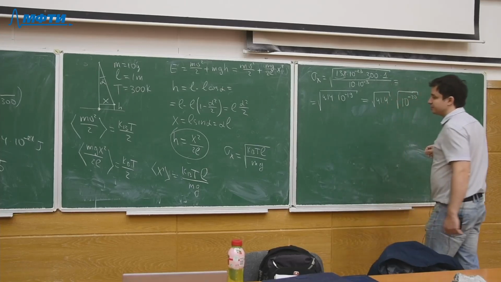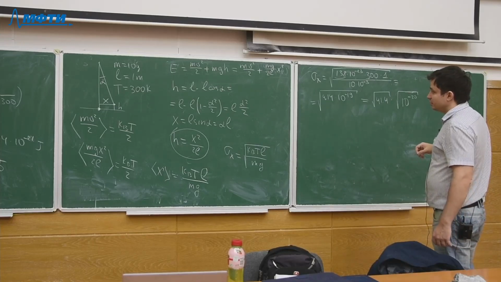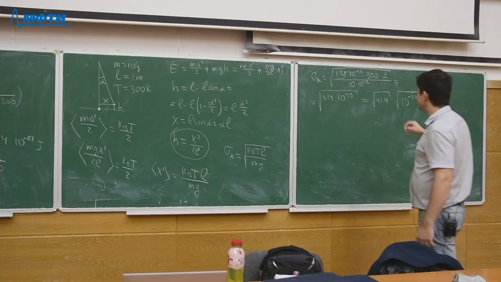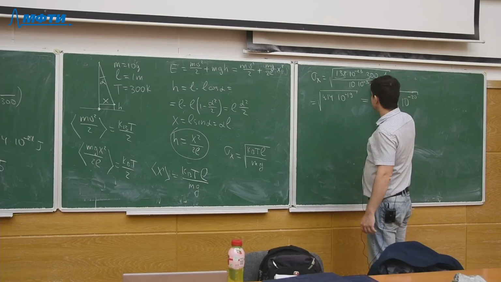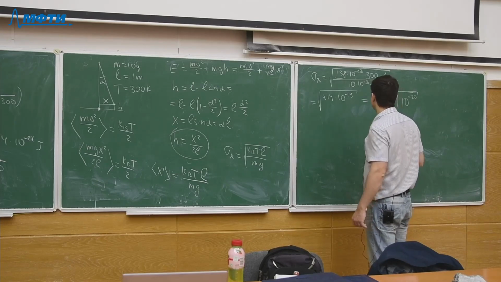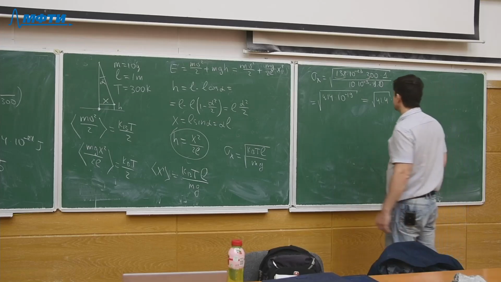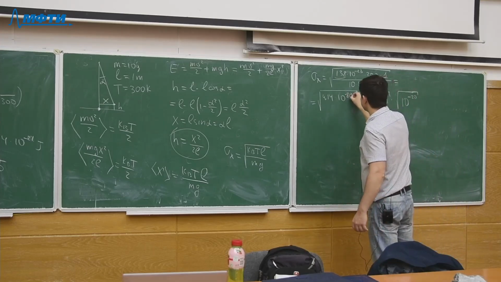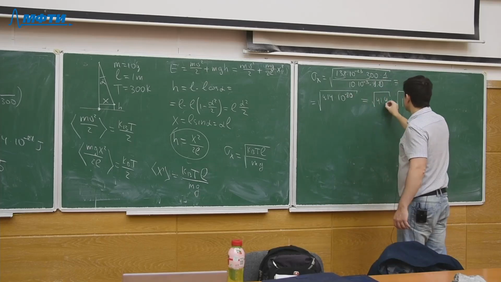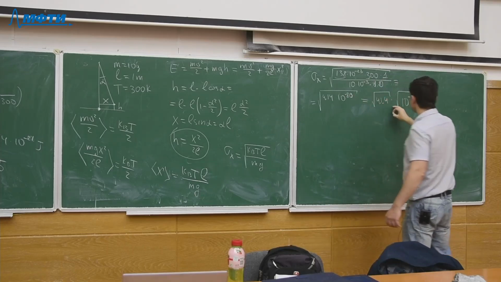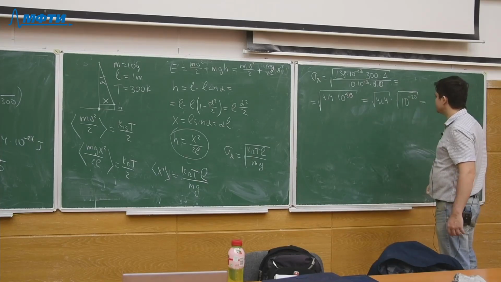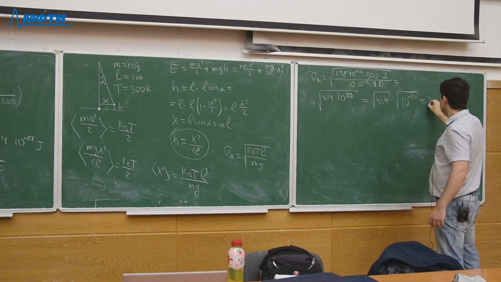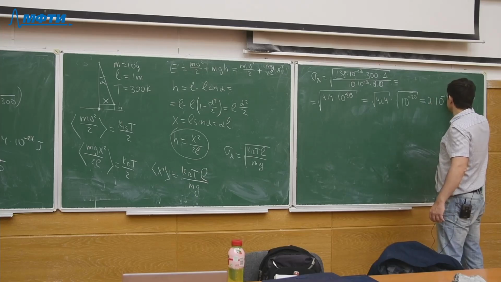Oh yeah, I have forgotten g, and g in this denominator would be 9.8, which is approximately 10 meters per second squared. So this is actually 10 to the minus 20 here. So the square root of 4.14 times this is approximately equal to 2 times 10 to the minus 10 meters.